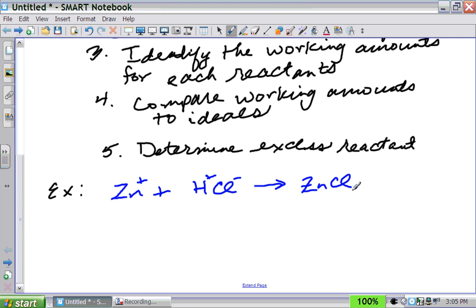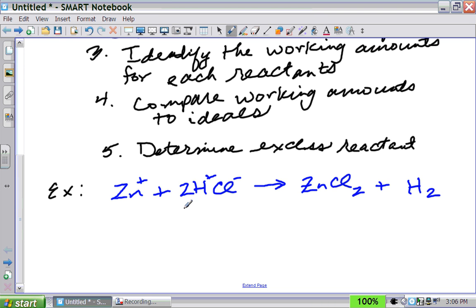Since zinc is a 2 plus, we drop a 2 there, and we're also left with diatomic hydrogen, or H2. Now we balance the equation, so we need a 2 here, and that balances.